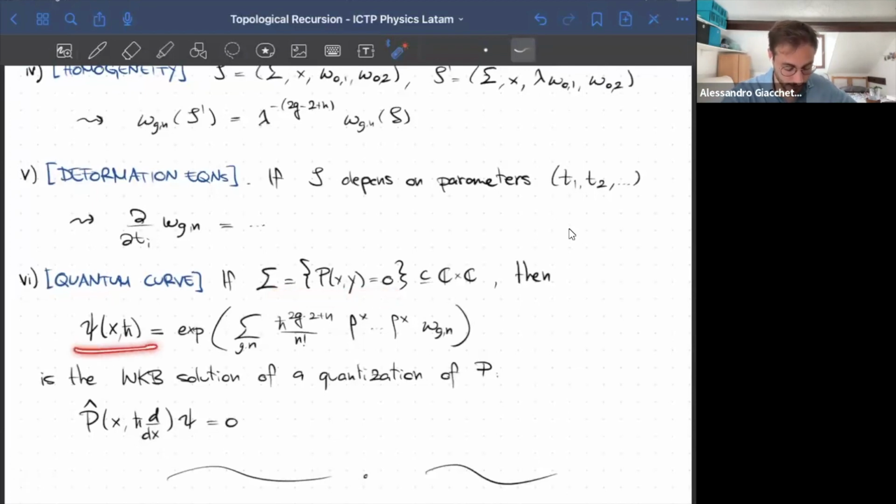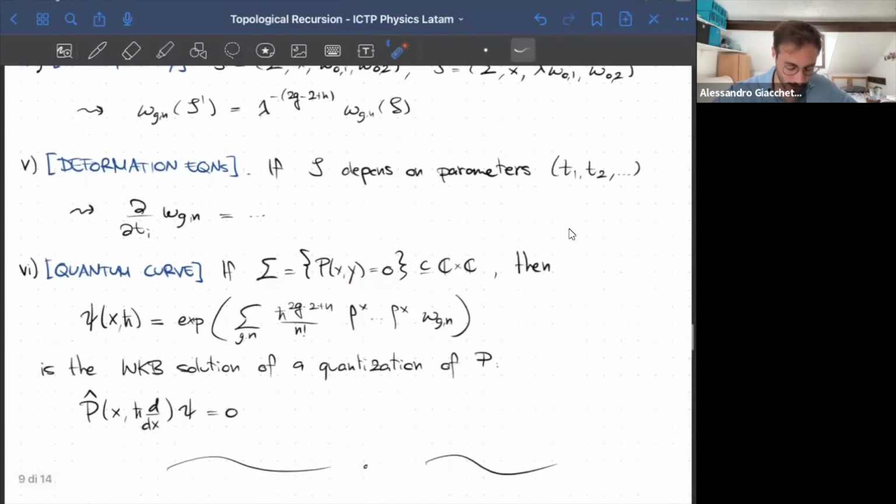So the point is that if you define psi to be this gadget here, then one can show that this is the WKB solution of a certain quantization of P. What I mean by this is that you can quantize P in such a way that, if you replace X by the operator of multiplication by X, and you replace Y by the operator h bar d/dx, of course here you have to be precise because you have to explain how you order these operators, but this is part of the statement.